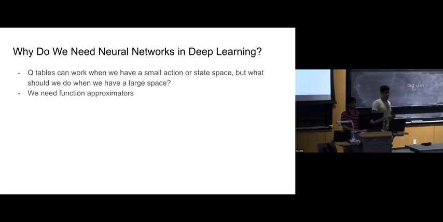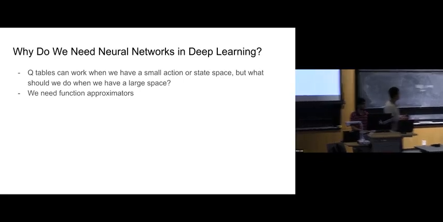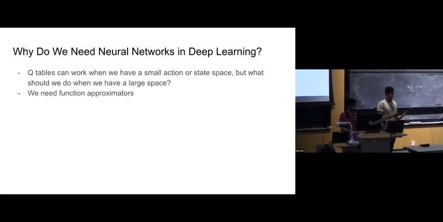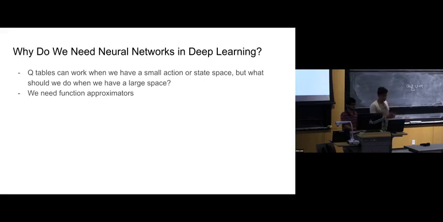Okay, so first, why do we need neural networks in deep learning? If you've started homework 1, you know that we do not use any neural networks in this homework. We simply have a Q table containing states and actions. But if we have too many states and too many actions, or continuous states and actions, think of something like an Atari game, Brick Breaker.